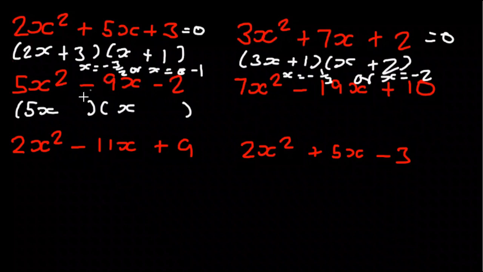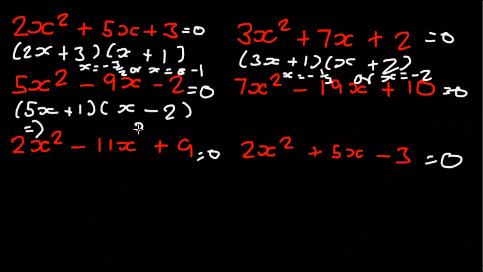Looking at this, we get plus 1 to get an x, and then minus 2, which gives us minus 10x, which added together gives minus 9x. And again, might as well put all the equal zeros in here. Implies that this one simply is x is equal to 2, or 5x is equal to minus 1, x is equal to minus 1/5.